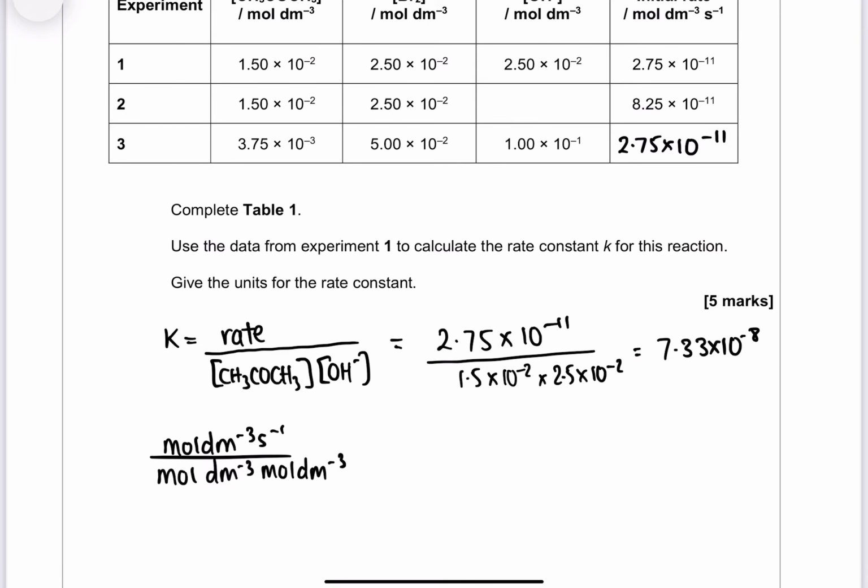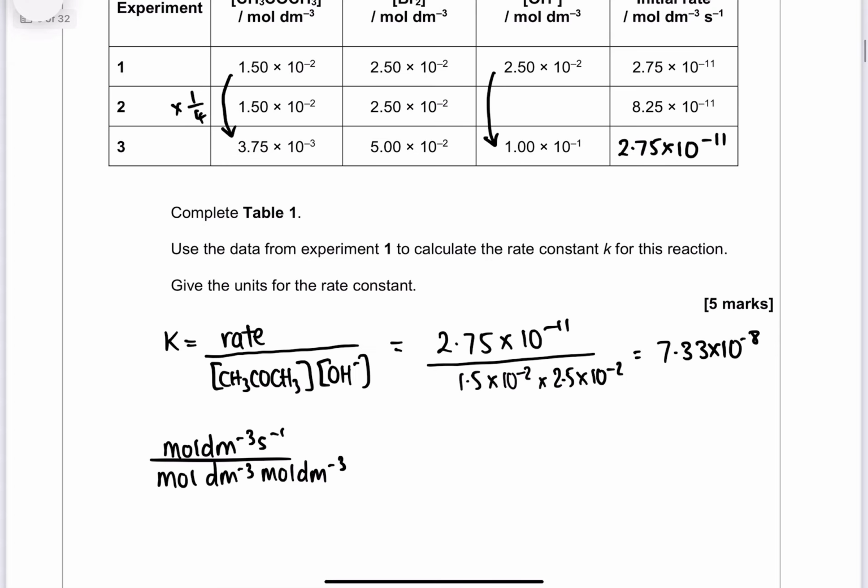You could also do these by ratios, so you could have a look at the change. The first one was 3.75 from 1.5, so 3.75 times 10 to the minus 3 over 1.5 times 10 to the minus 2. This change is a quarter, and we're ignoring whatever happens to bromine because it's zero order.